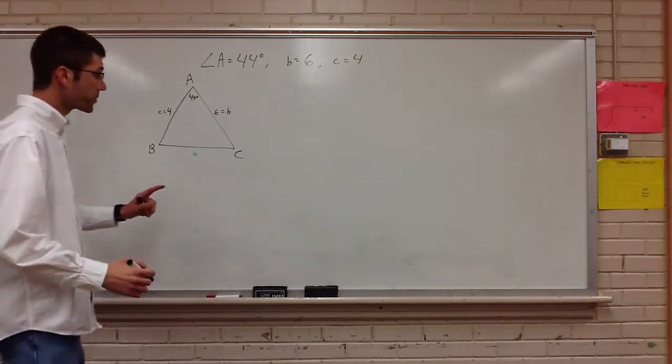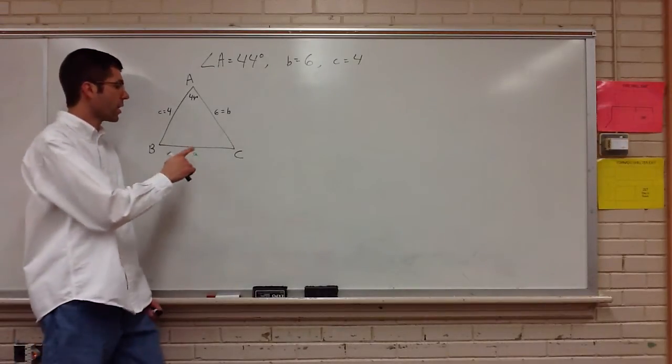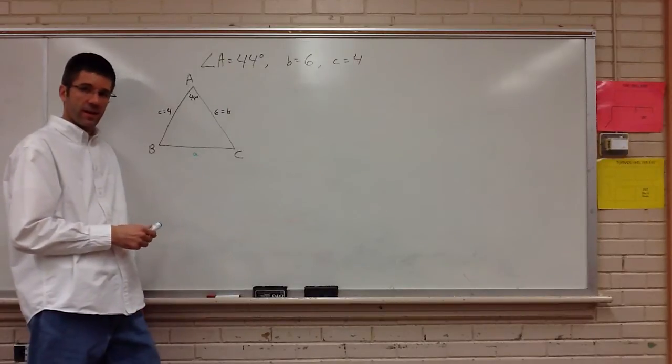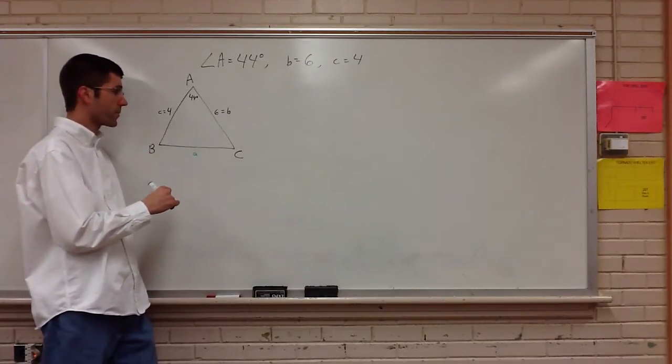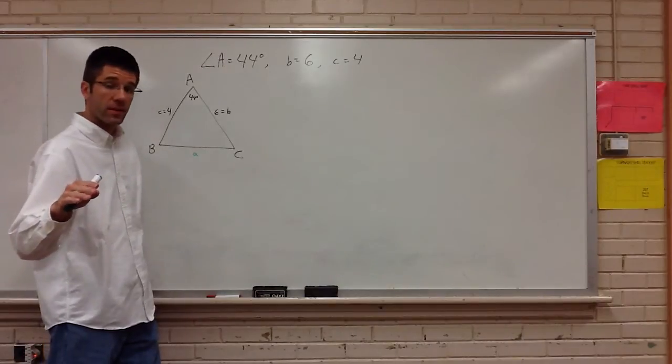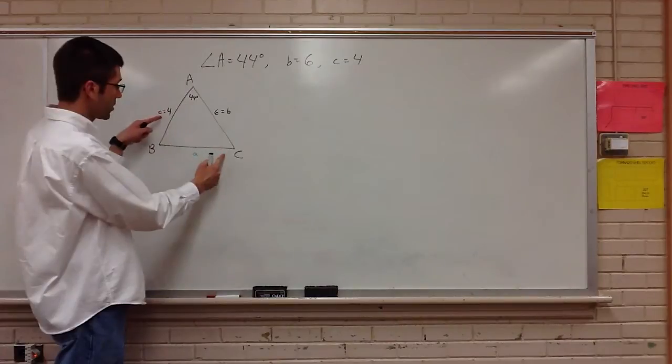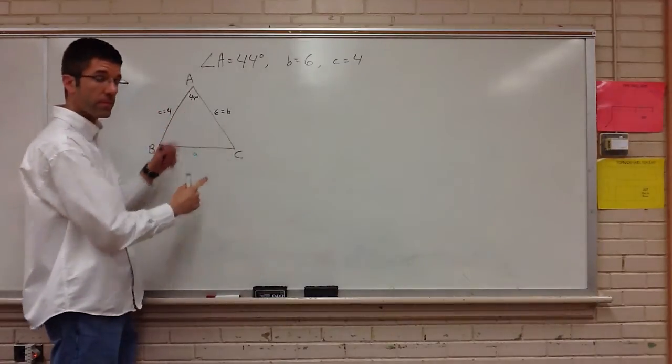Let's start by finding A. Now, your question might be, how do you know to start by finding A? Let's consider for just a second. Law of sines is out. Law of sines is not an option because we don't have angle and side for any particular pair.